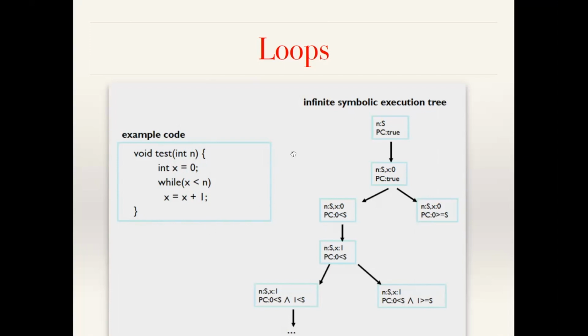That's why in practice, we put a bound on the execution depth or on the number of conditions in the path condition, which in some sense gives you an idea of how many conditions along the path with symbolic values have been evaluated.